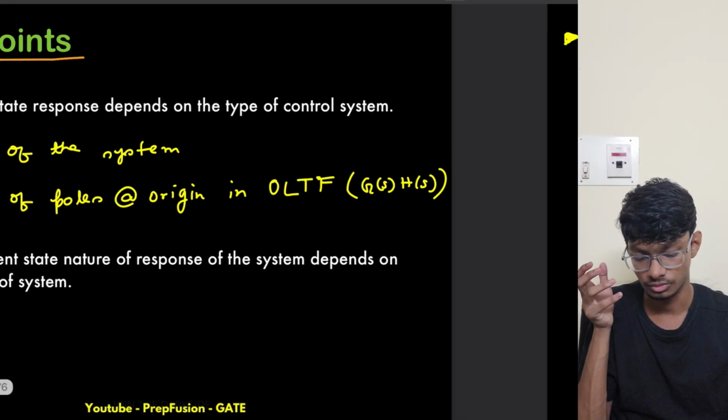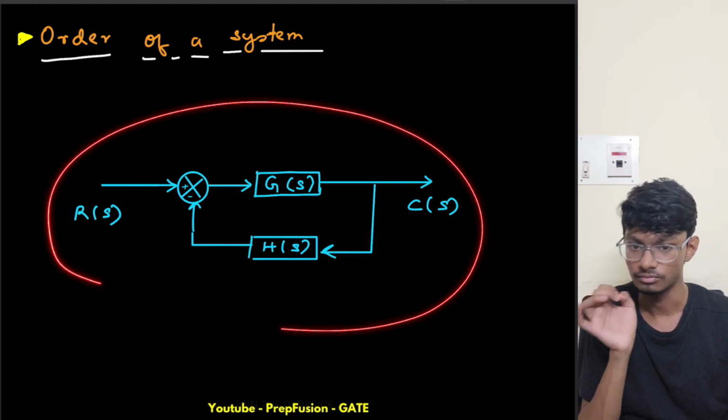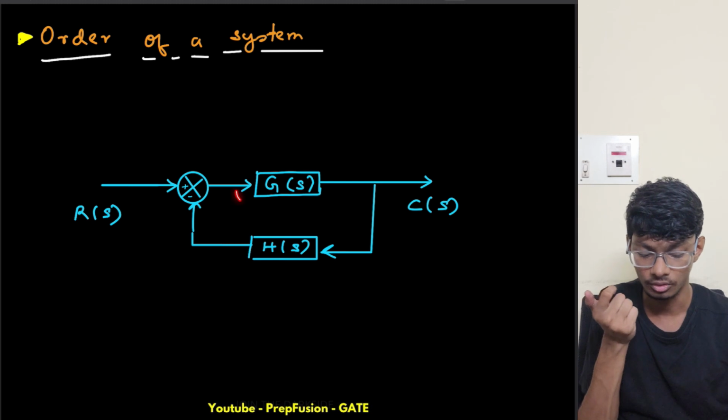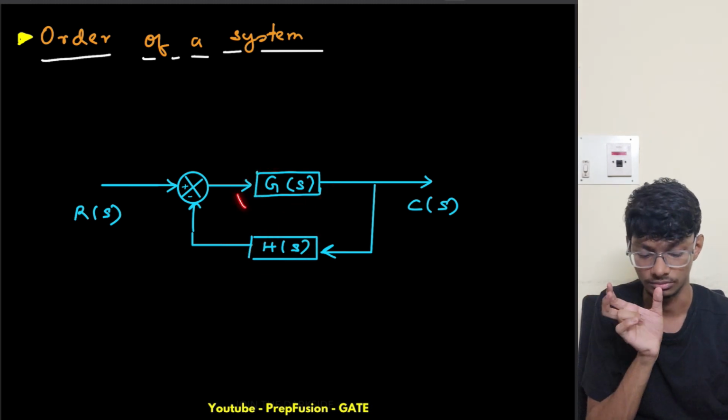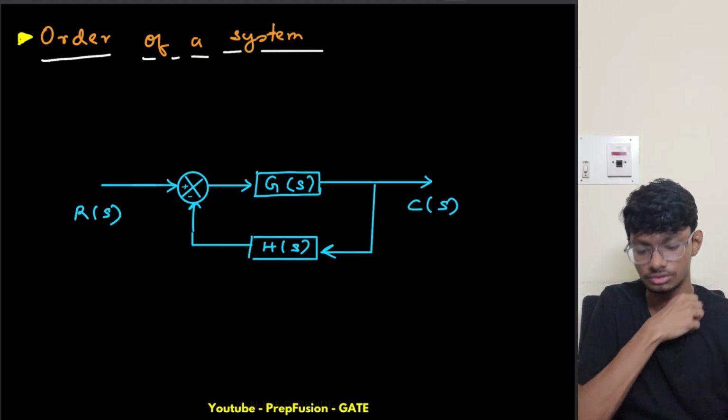Okay, so now what is the order of the system? So order of the system, right, this is the system. Now what will be the order here? Will it be the order of this one or this one? No, order will be the number of poles obtained from the closed loop transfer function, right?